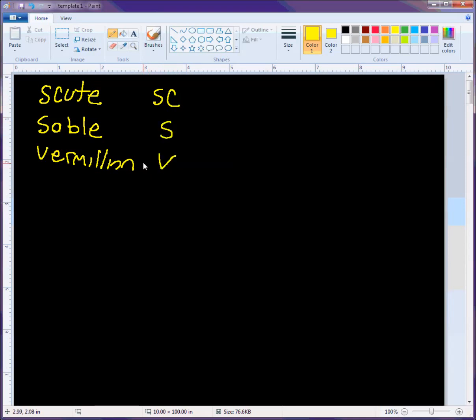Okay, so we're going to cross a female expressing all those X-linked recessive traits, so the female must be homozygous recessive.